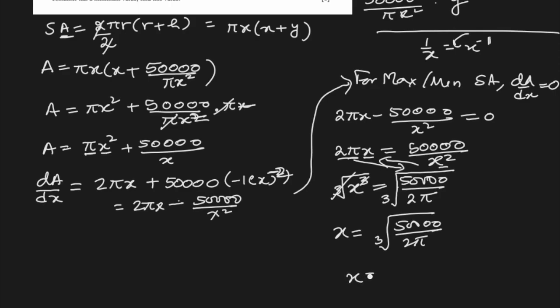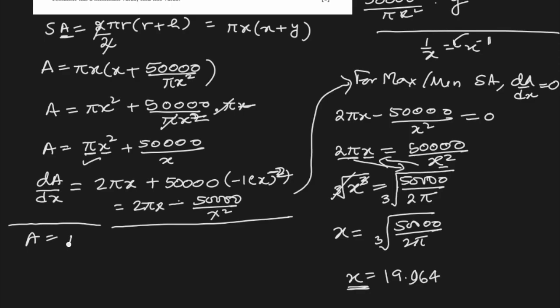What I'm getting here is 19.964. This is x, but we have to find the minimum value of area, and that's what we're going to find now. So area was this one in terms of x, pi times 19.964 square plus 50,000 divided by 19.964.